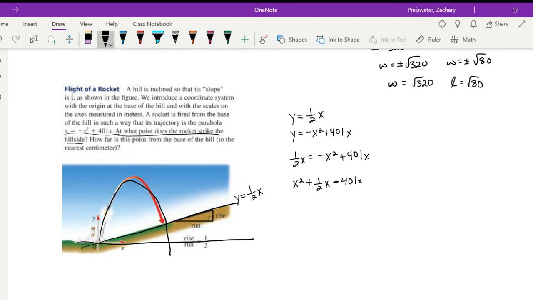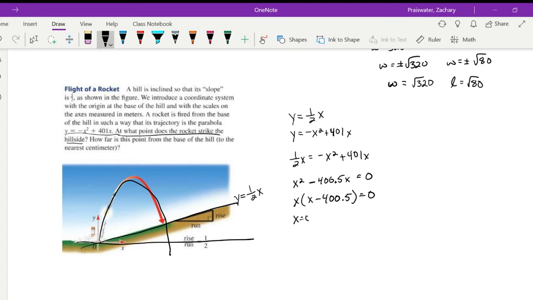Oh, that's 401x. So let's put that together. So it would be minus 400.5x. And then this one's not bad to solve. We can use a greatest common factor.